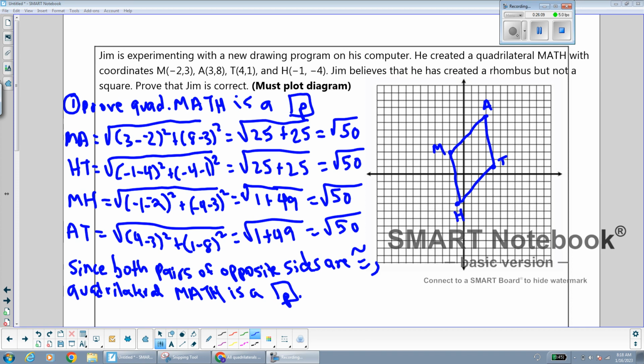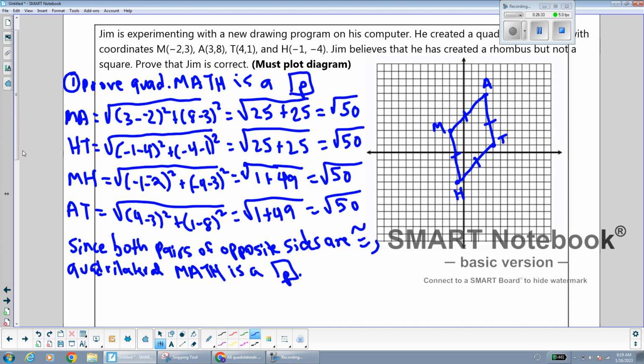Okay, so here's my work to prove that the quadrilateral is a parallelogram. And I did show that MA and HT were congruent, those opposite sides. And I also showed that MH and AT were congruent, those opposite sides. And I found out along the way when I was doing all those calculations that all the sides are equal. So that makes it a rhombus right then and there. So my next step was to prove that the parallelogram is also a rhombus.